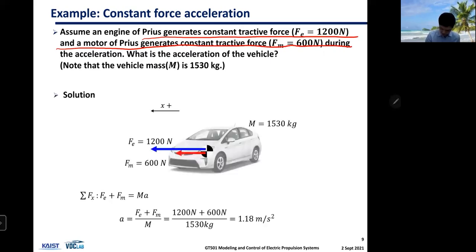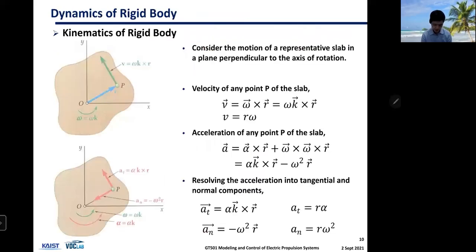Well, I think this is extremely straightforward. You just need to compute this equation, which is summation of all the external forces equals ma. And this is the solution. I think that's just too easy.